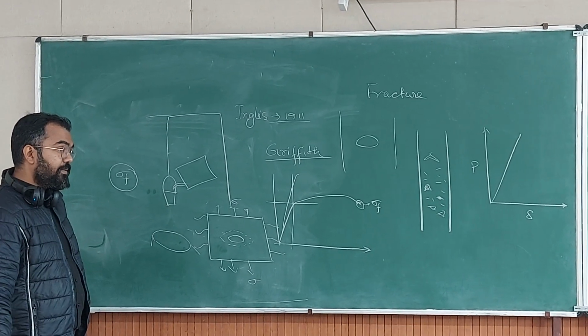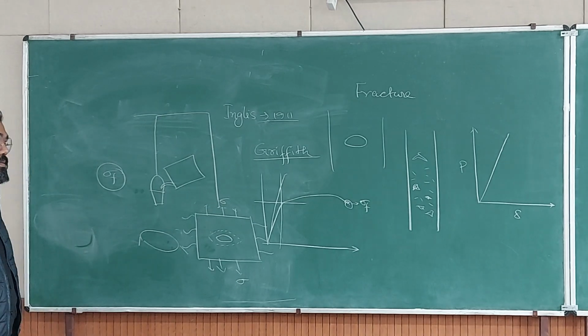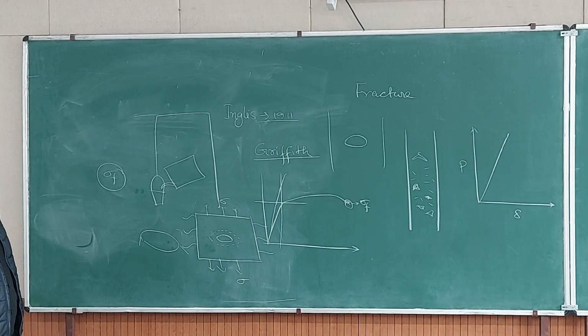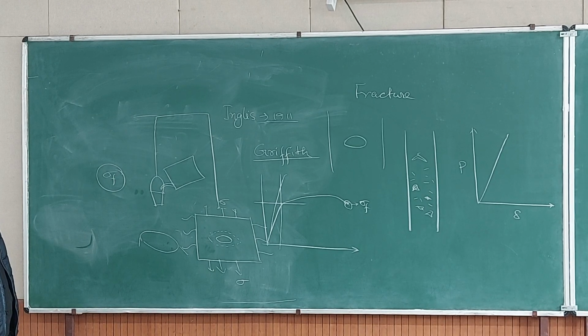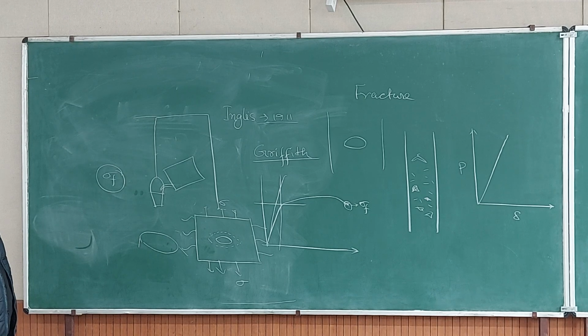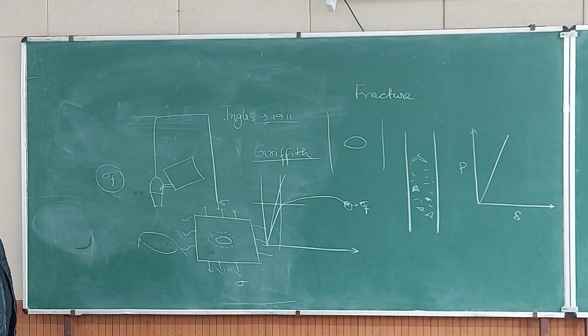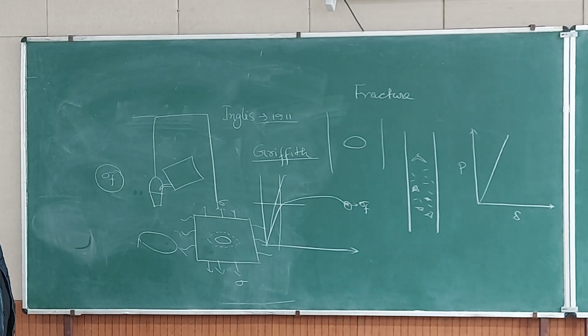Why? Initially, sir, with growth of crack, more surface energy was needed. But now, as the crack has already grown, that much surface energy will not be required to further grow it. Before that, surface energy was required.